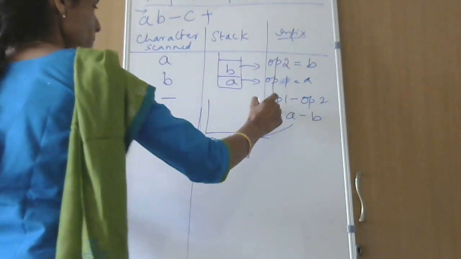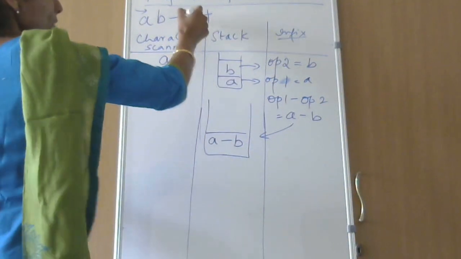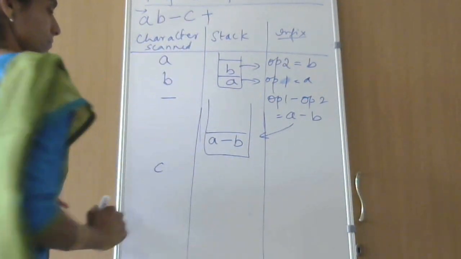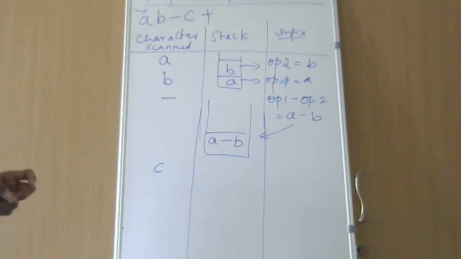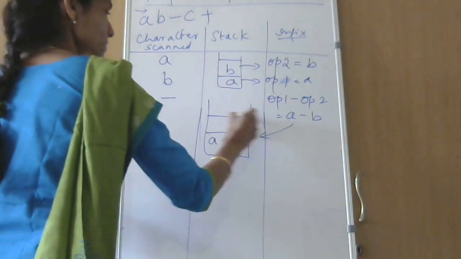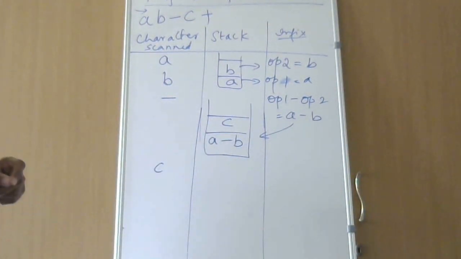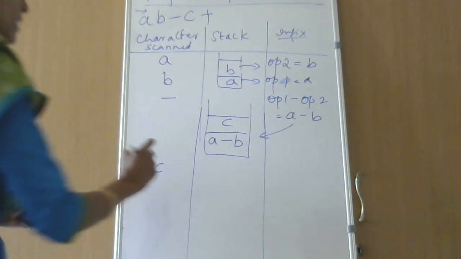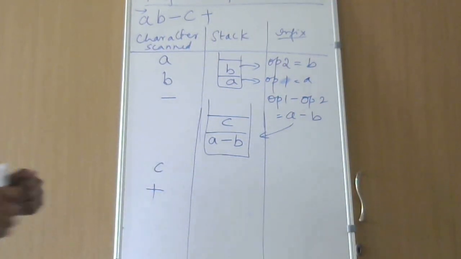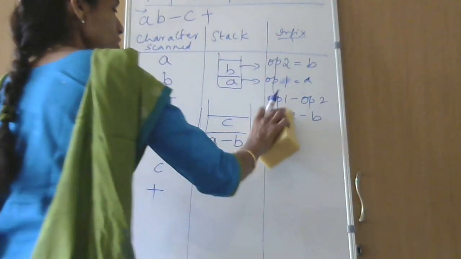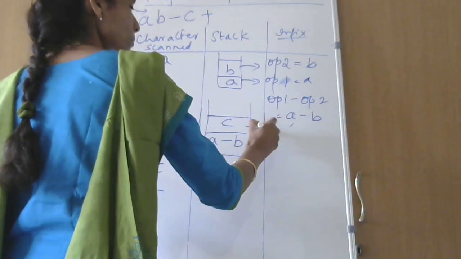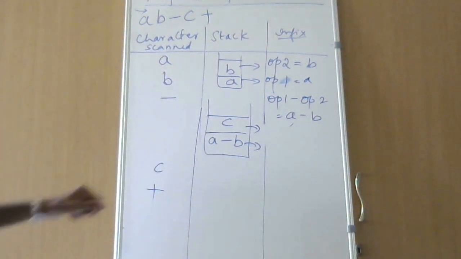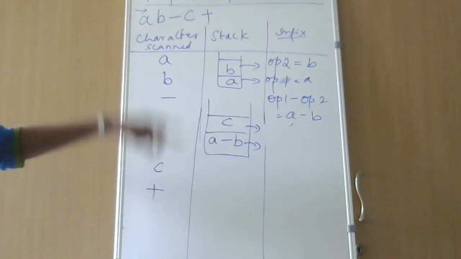Alright. I hope it's clear. Next we have C. C is an operand, so I will simply push it onto the stack. Next I have plus. Plus is an operator. So what should I do? I have to pop out these two, perform the plus on them, and push the result onto the stack.